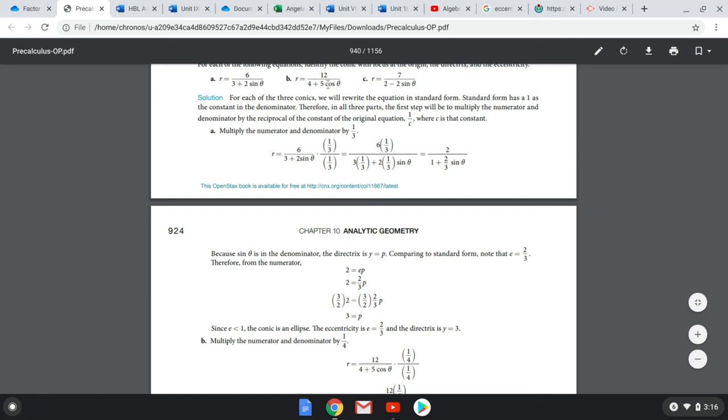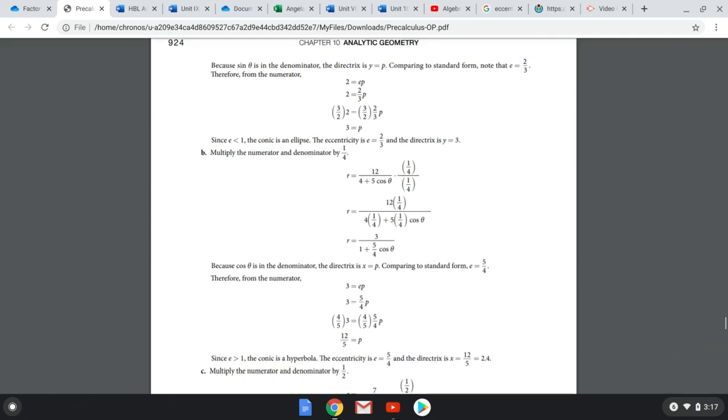Those are the equations for that imaginary directrix that I was talking about. So the equation for the directrix on this one is going to be y equals 3, because that's what P is. P is 3. So y equals 3.